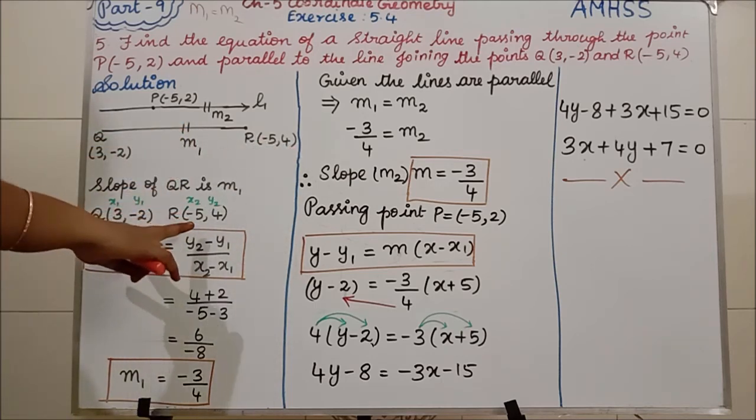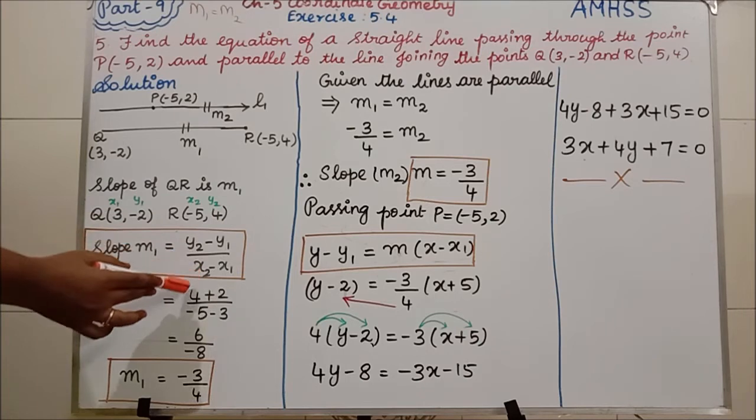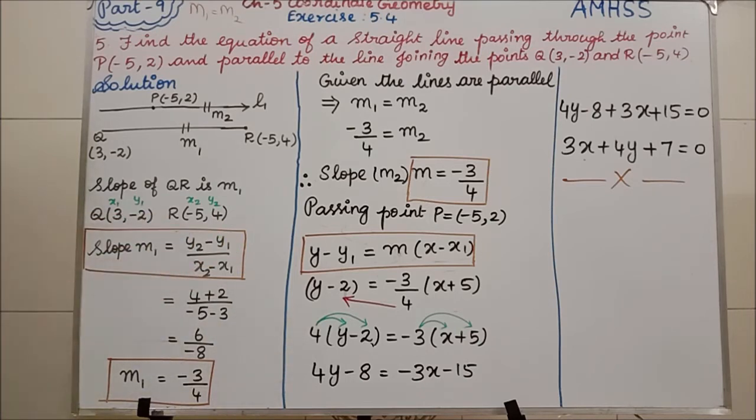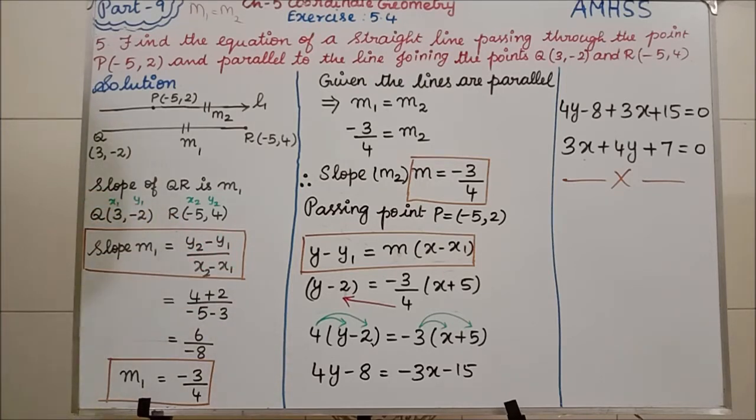If they give 2 points and we need to find the slope, the formula is y2 minus y1 divided by x2 minus x1. In exercises 5.2 and 5.3 most of the problems use this 2-point formula. I think you know what is x1, y1 and what is x2, y2, isn't it?